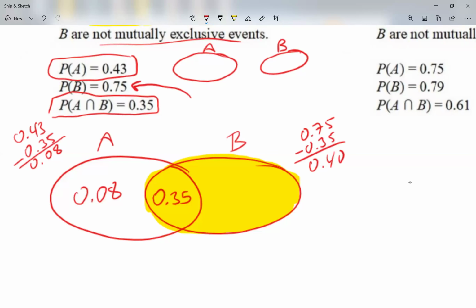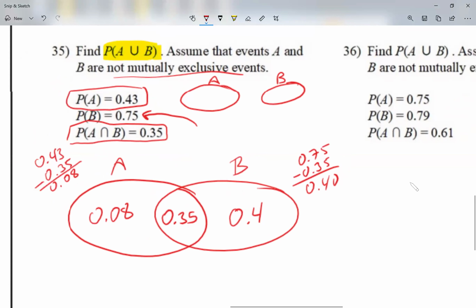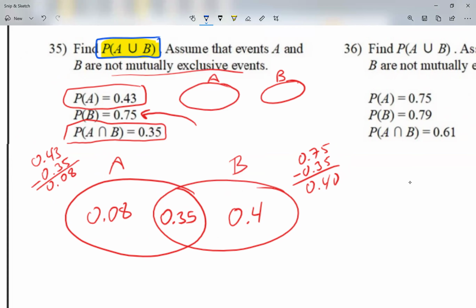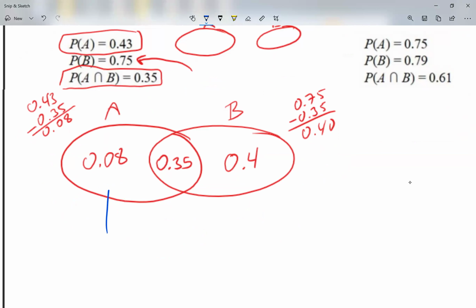Or 0.4, however you guys want to call it. Okay, now, when I look at the question initially, it says, let me do it in blue, find the probability of A union B. So I'm going to add 0.08 plus 0.35 plus 0.4.